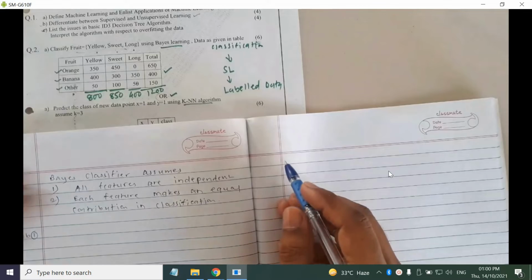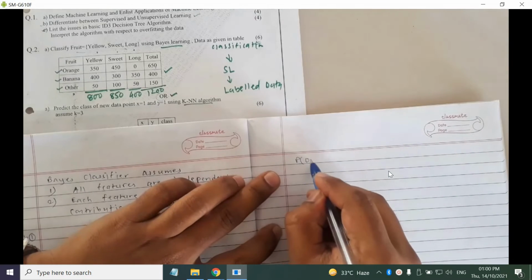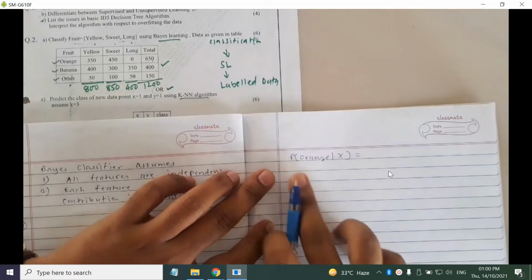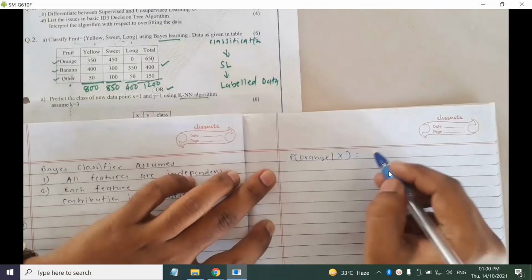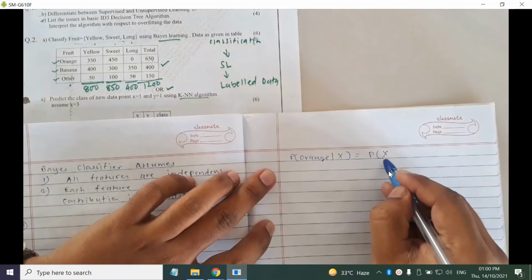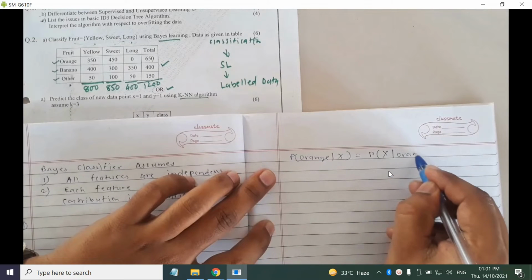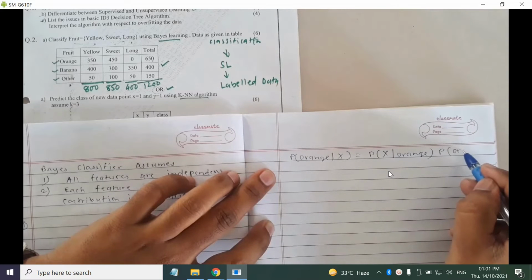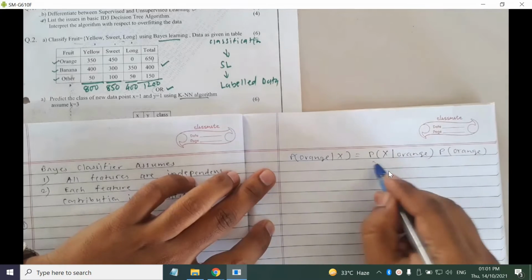So if I am interested in finding this probability of orange given x, put the values: probability of x given orange, probability of orange, and probability of x.